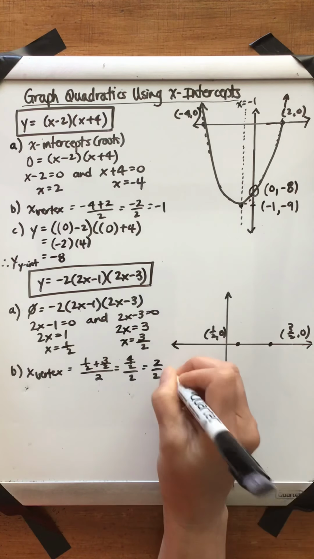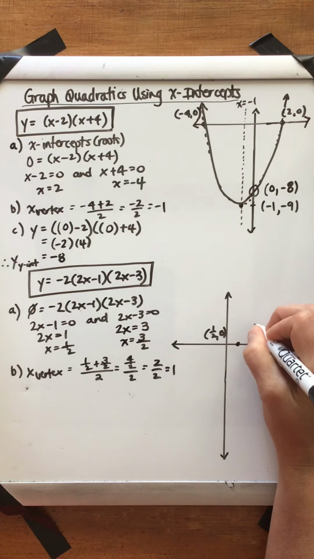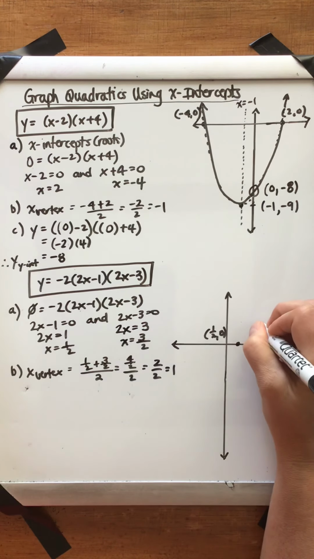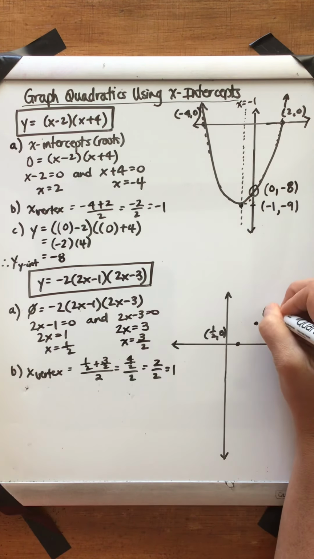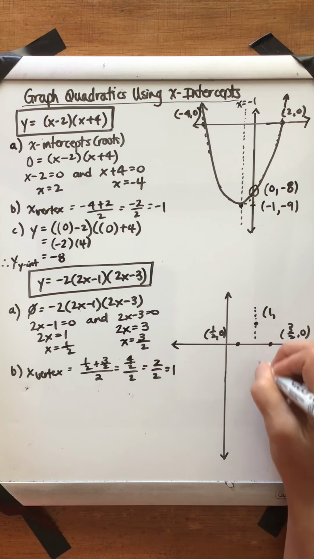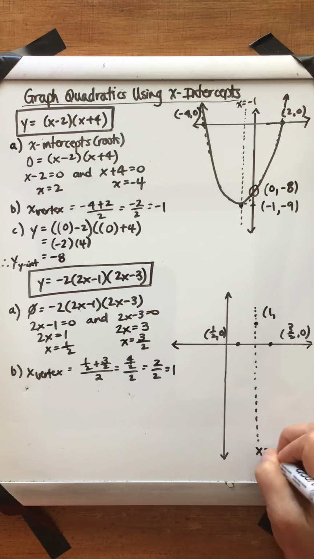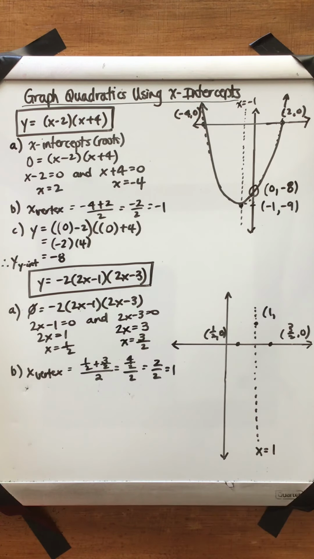So 2 divided by 2 is equal to 1. So there's the vertex. The x value is 1, and of course anytime we get the x value of the vertex, we get a little bonus in that the axis of symmetry is also going to be x equals 1.